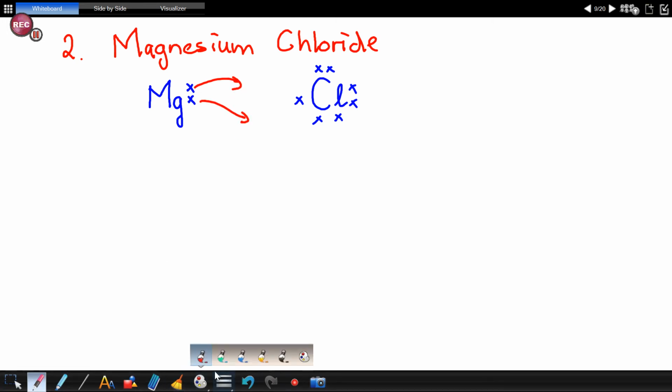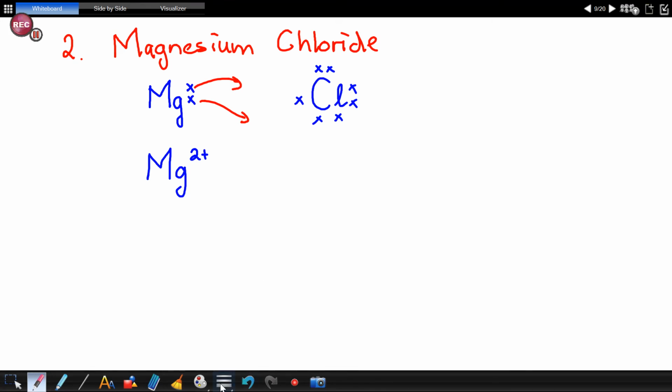What will the charge on the magnesium be? How many positives? If one electron goes, then it's one positive. If two electrons go, it will be two positive. Chlorine takes how many electrons?